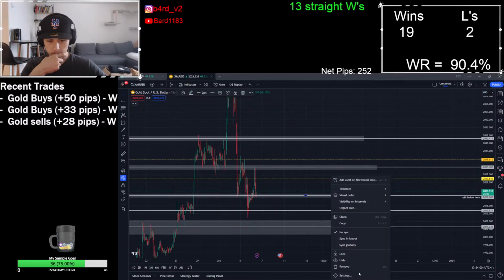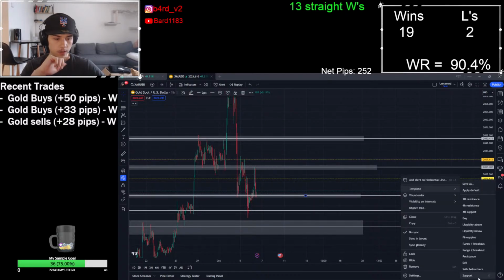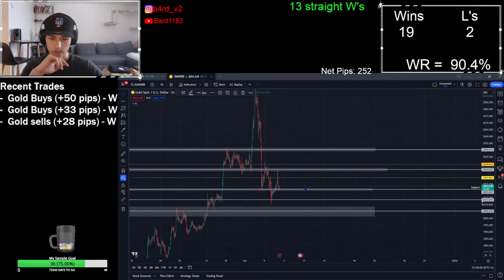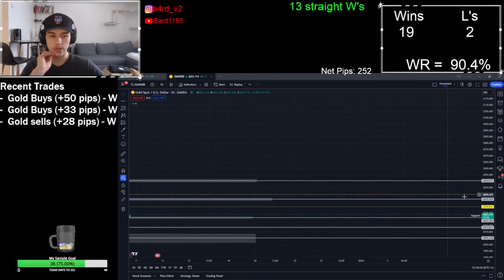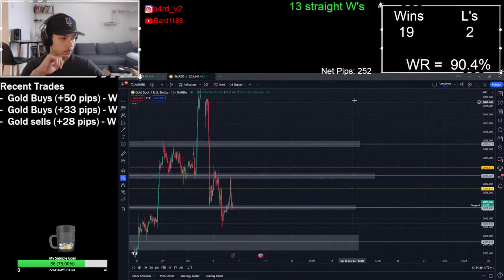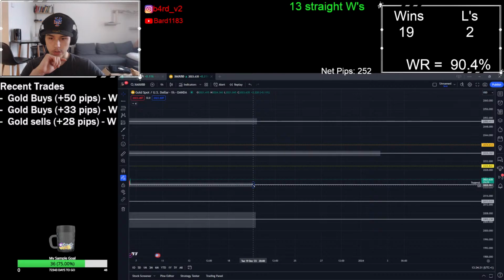Alright guys, so those below here, settings. I think we remove the template right now because there are no cells here. All right, let me just send the chart in the Discord real quick.